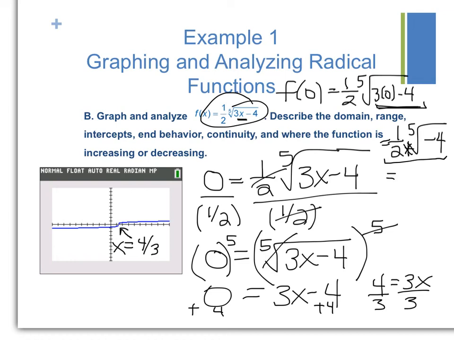And if we multiply 1/2 times the fifth root of -4, I actually get this really weird decimal, -0.659. Or I could just round that and say approximately -0.7 is my y-intercept. That makes sense because it looks like we're crossing the y-axis at just before -1, which -0.7 is just before -1.